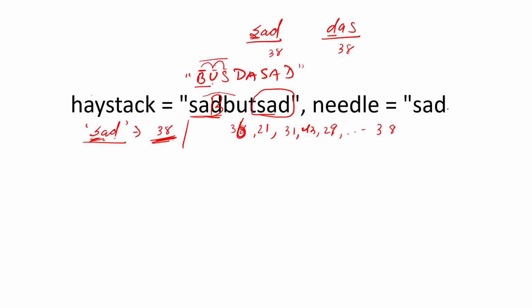Suppose next we move to the second character and find the sum of three characters consecutively. Then again the first character is not the same, that is, there is no "s", and still I will have to calculate the sum of all three characters to match it with 38.